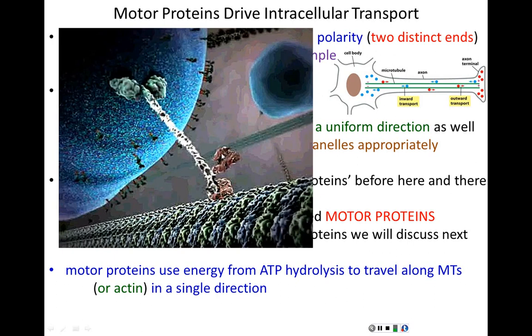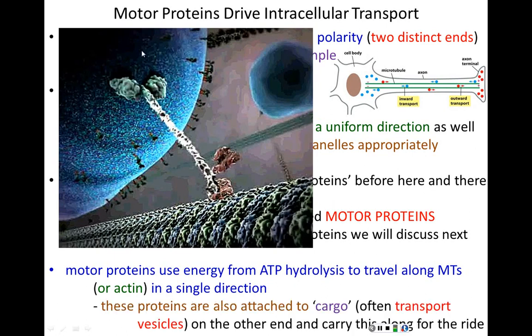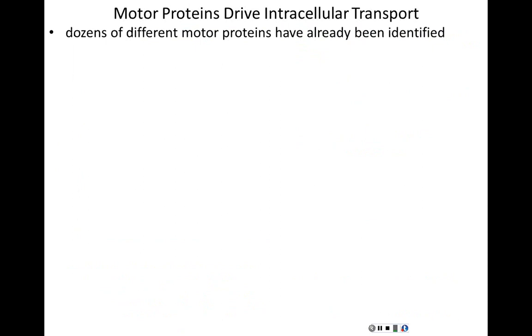These regions hydrolyze ATP and walk along or adhere along the microtubules in a single direction, dragging the cargo vesicle along with it. So all of these motor proteins have the ability to be attached to cargo, often cargo that's loaded into transport vesicles, on one end, and on the other end move along the cytoskeletal component, facilitating transport.